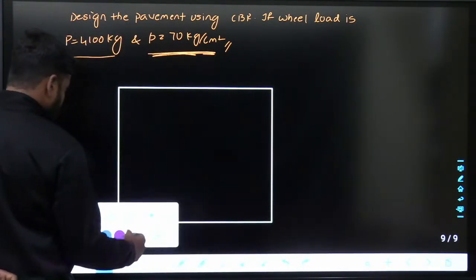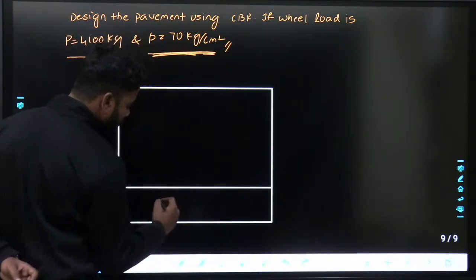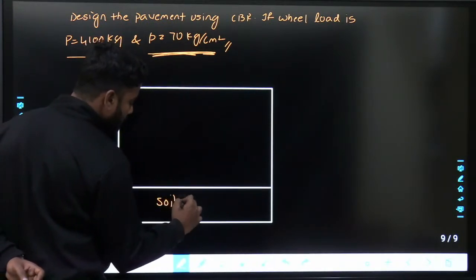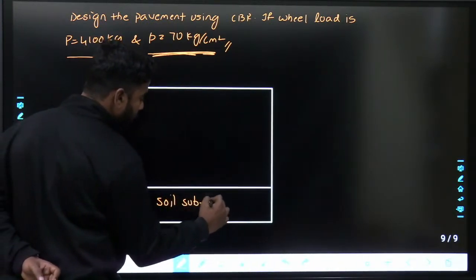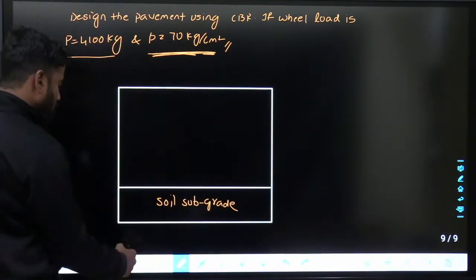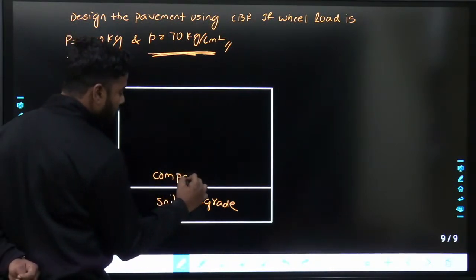Initially, sir, you said there will be sub-base course, base course. It's not necessary that it has to be provided like that only. There will be soil subgrade here, so that means some soil, like land, is there. On the top of the land, you will be providing some compact soil.